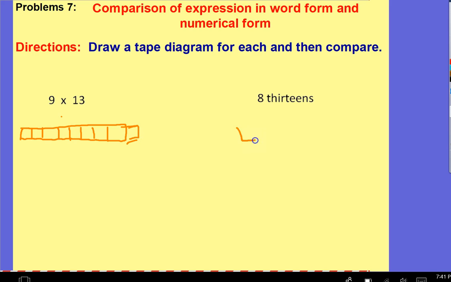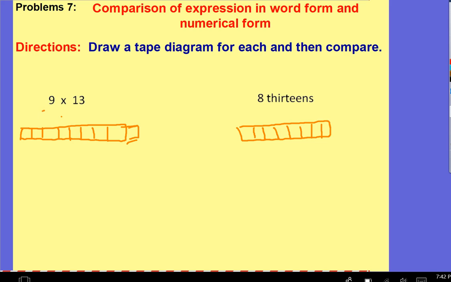And I'm comparing that to a value of 8 13s. Visually, it might be a little bit hard to see. My boxes aren't exactly the same. If you were going to do it solely on the fact of a drawing, you want to make sure those boxes are exactly the same.